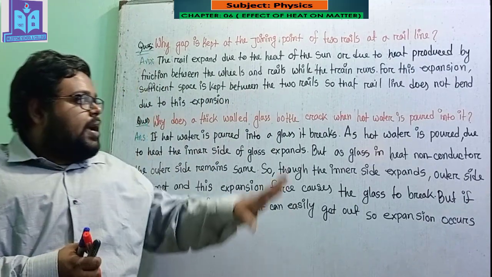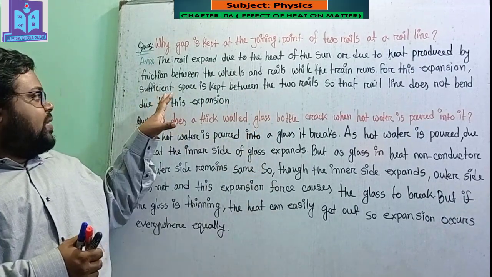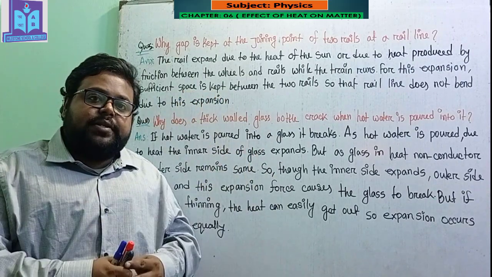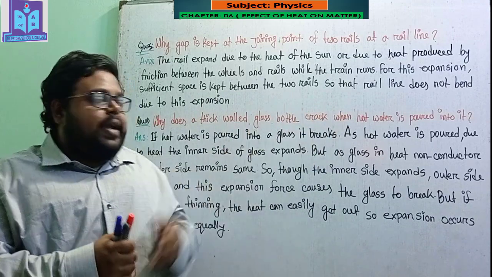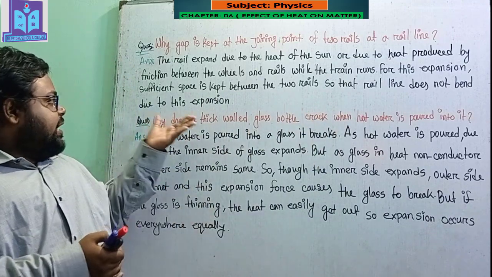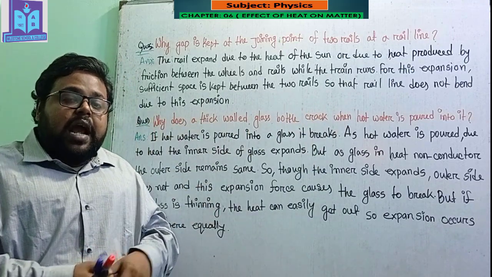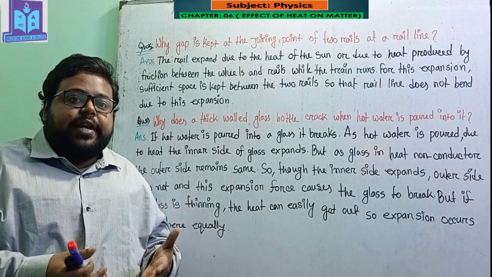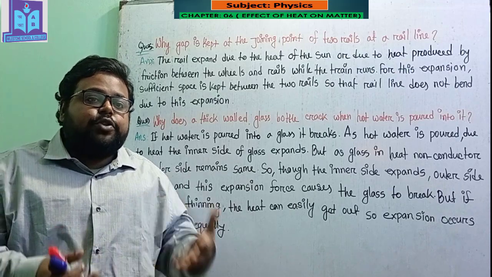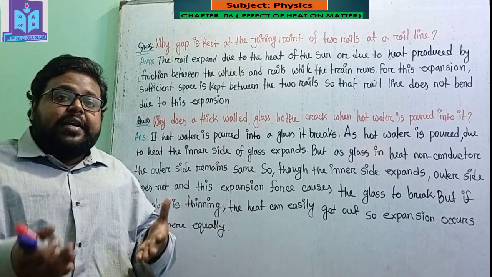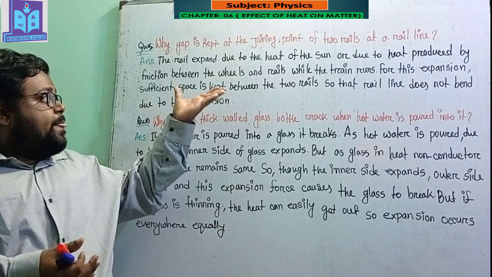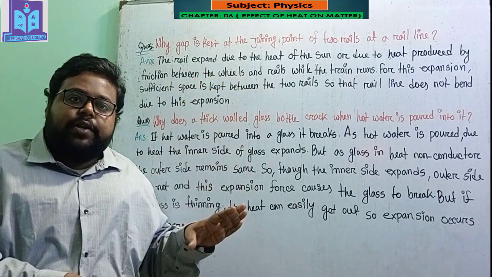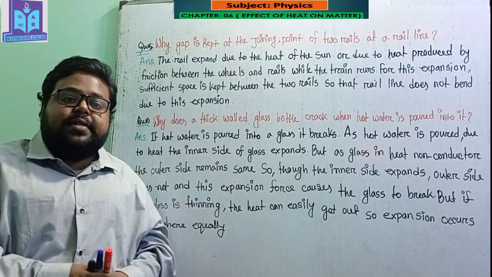For this expansion, sufficient space is kept between two rails so that the rail line does not bend. To avoid that kind of accident, we need to keep a gap at the joining point of rails. I hope you understand.